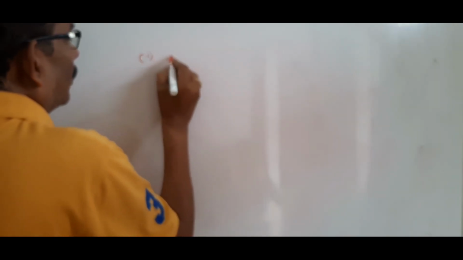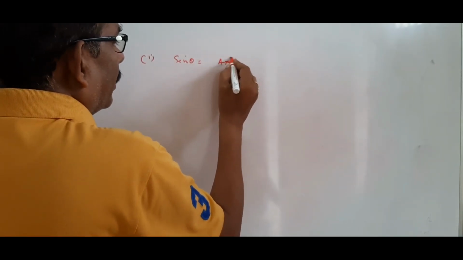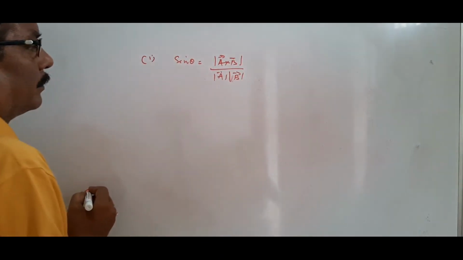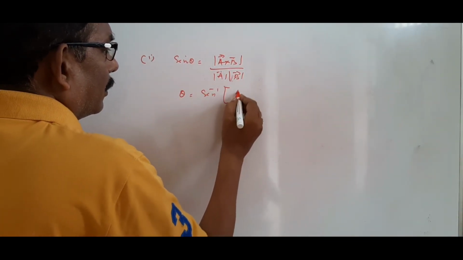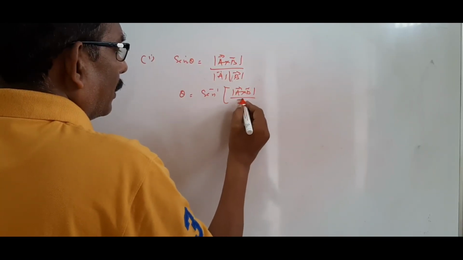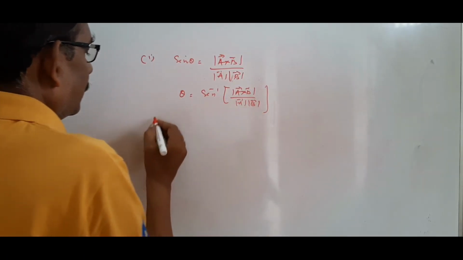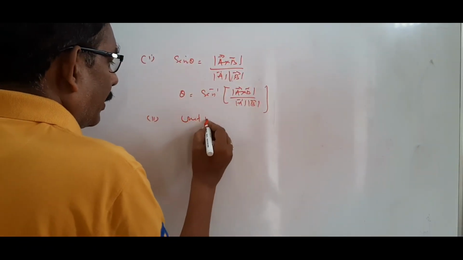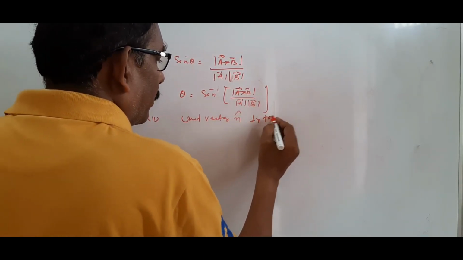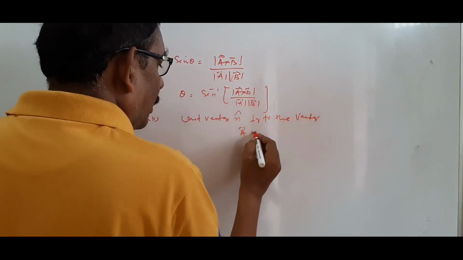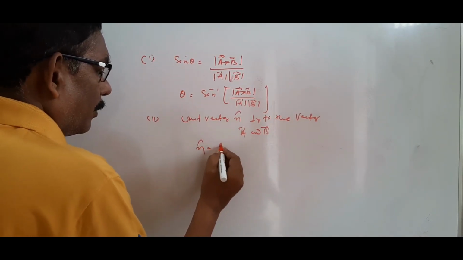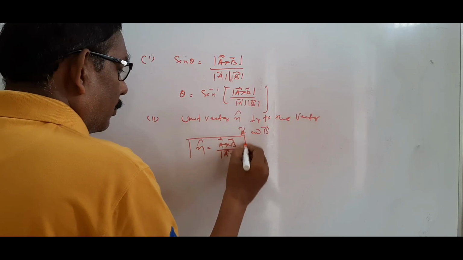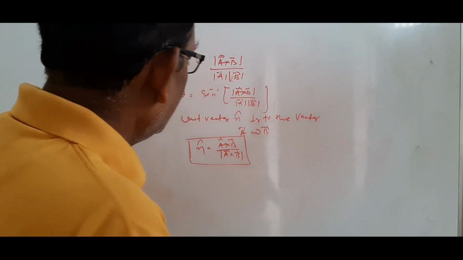So sin theta equals modulus of A cross B divided by modulus A and modulus B, or theta equals sine inverse of modulus A cross B divided by modulus A, modulus B. Second one, find a unit vector perpendicular to the vectors A and B. The unit vector n cap perpendicular to the vectors A and B is n cap equals A cross B divided by modulus of A cross B. In this way, find out the unit vector perpendicular to the two vectors A and B.